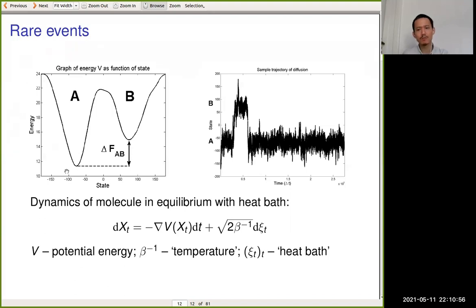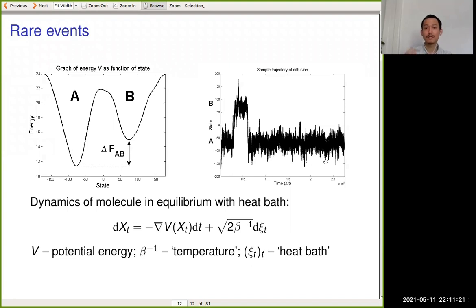This is intuitive because we know that nature wants to minimize potential energy. Quantities such as the free energy difference are of interest in statistical physics because they capture lots of information about reactions. I won't go into that because that's not my area of expertise. The important idea is that we're interested in transitions between basins of low energy. That's what we see on the left.